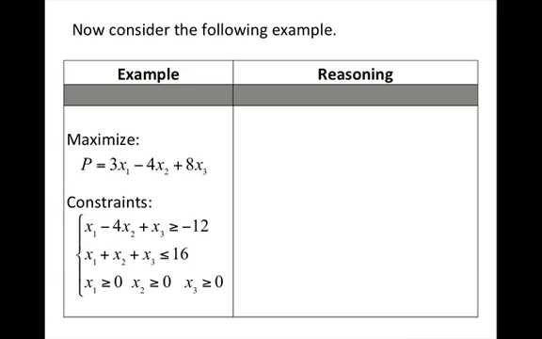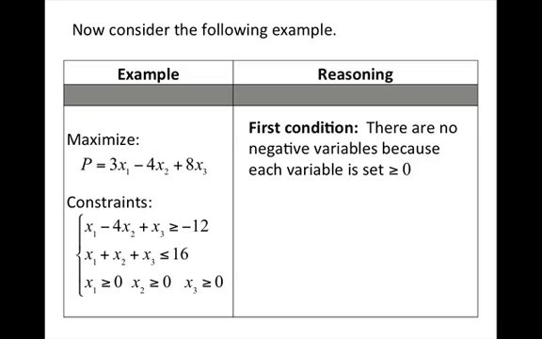And then each of my variables, x sub 1, x sub 2, and x sub 3, are greater than or equal to 0. The first condition I check for is to make sure my variables are non-negative. And I know this is true because I'm told each variable is greater than or equal to 0. So condition 1 is met.